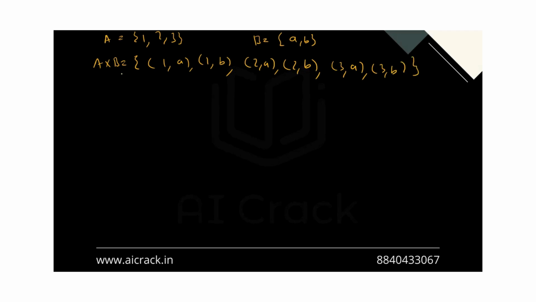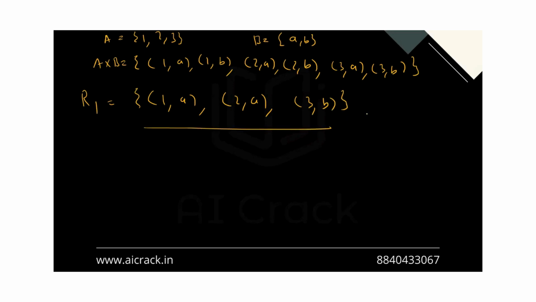Now if I want to write a subset of A cross B, let's say that is R1, that would be, let's say, 1 comma a, 2 comma a, and 3 comma b. So this is a subset of this, right?